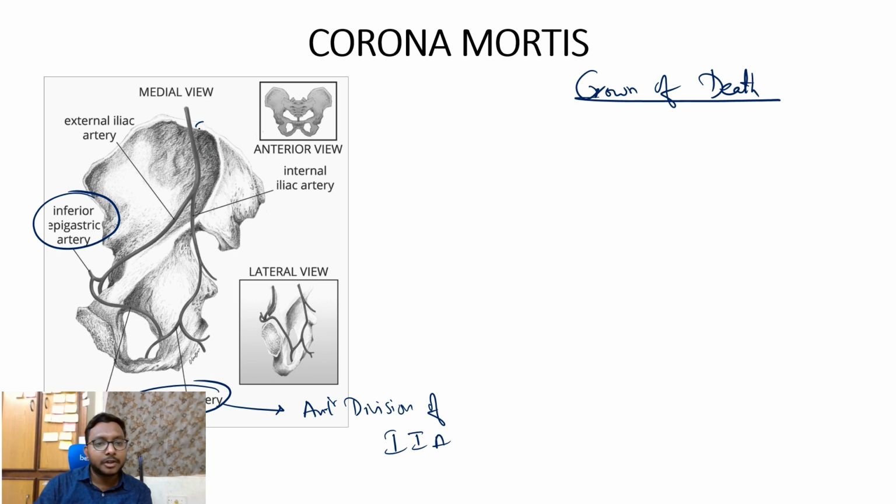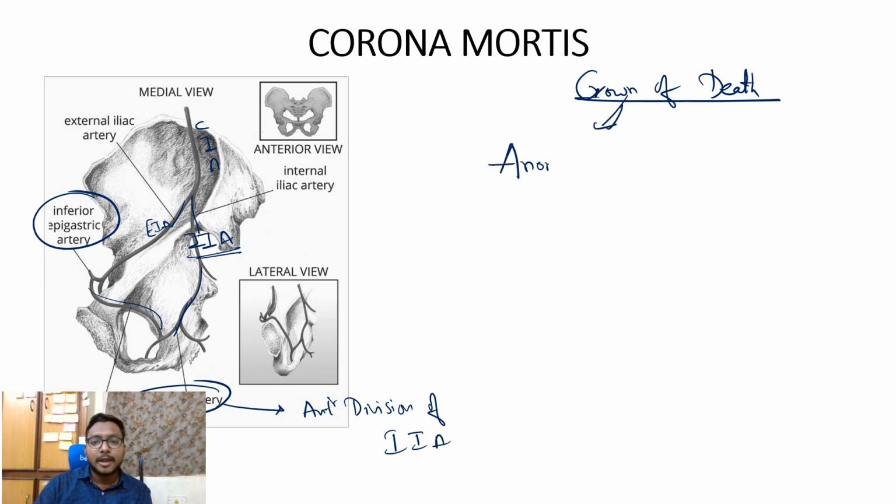You can see here, this is the common iliac artery, this is internal iliac artery, this is external iliac artery. So obturator artery is a branch of anterior division of internal iliac artery. This is forming an anomalous connection here. So what is crown of death or corona mortis?